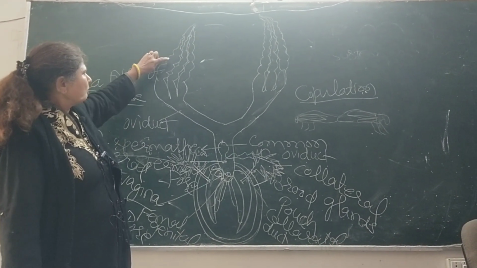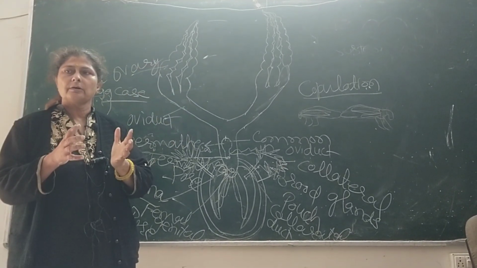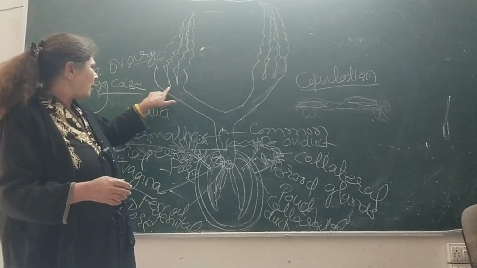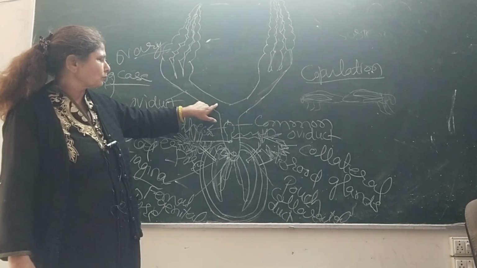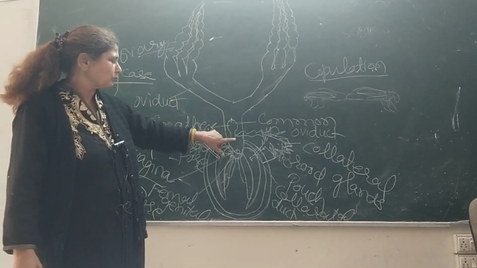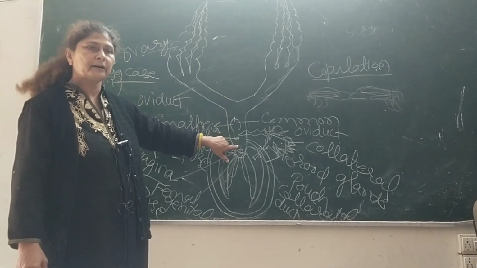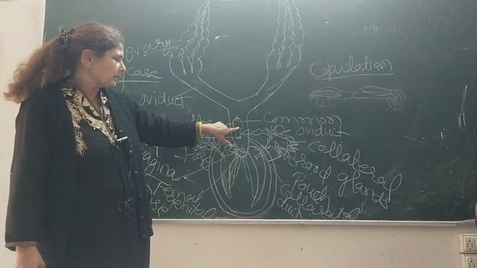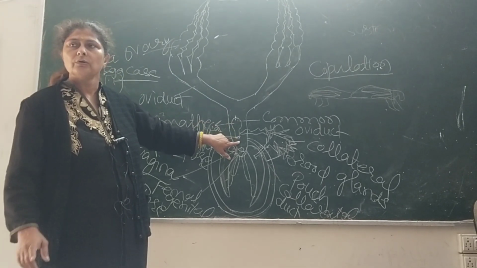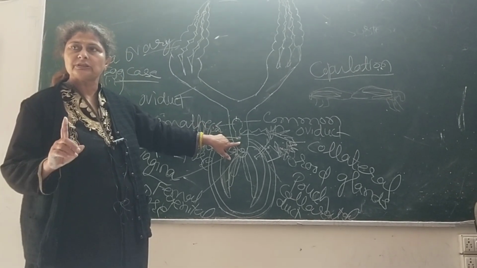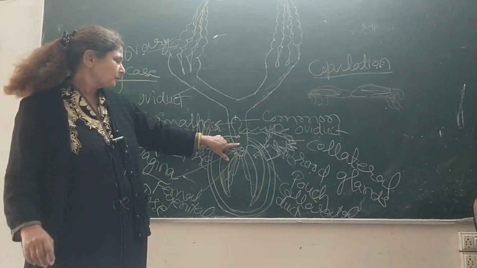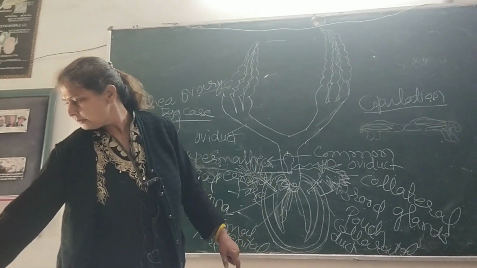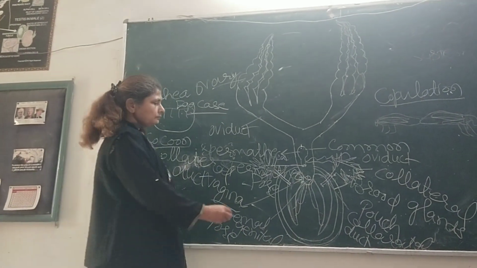Eggs move downward and become developed and mature. After that they move through the oviduct, come into the common oviduct and enter the vagina. From the spermatheca, the sperms which are already stored come here.